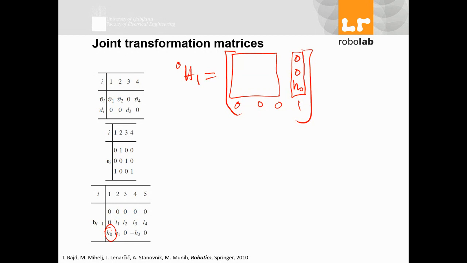It's not a fixed rotation, it's as much as theta. In what orientation? Around what axis? Around the z axis. So what you have here is rotation around z with theta, which you already know what it is, right?